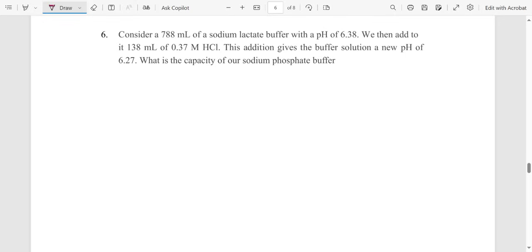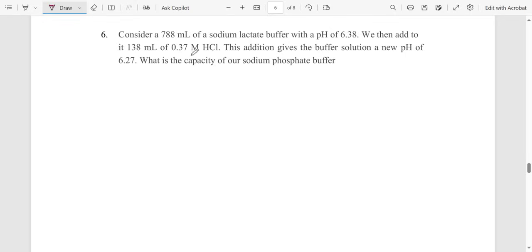Now, when you want to calculate the buffer capacity, number one, look at initially what have you been given? 180 mL of 0.37 molar hydrochloric acid. That is the hydrochloric acid that we have.